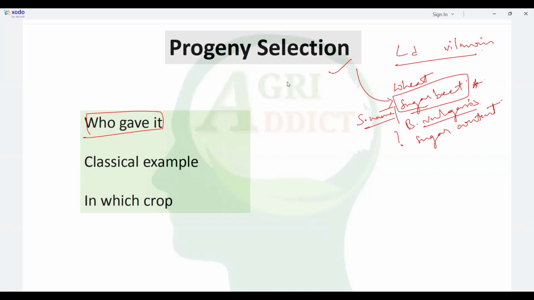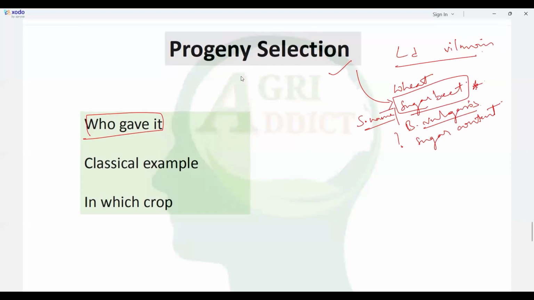So the term itself says everything. The definition is given by the term itself, progeny selection, which means what is the basis of your selection? Performance of progeny. Progeny, simple. Just like you have three plants, X1, X2, X3.